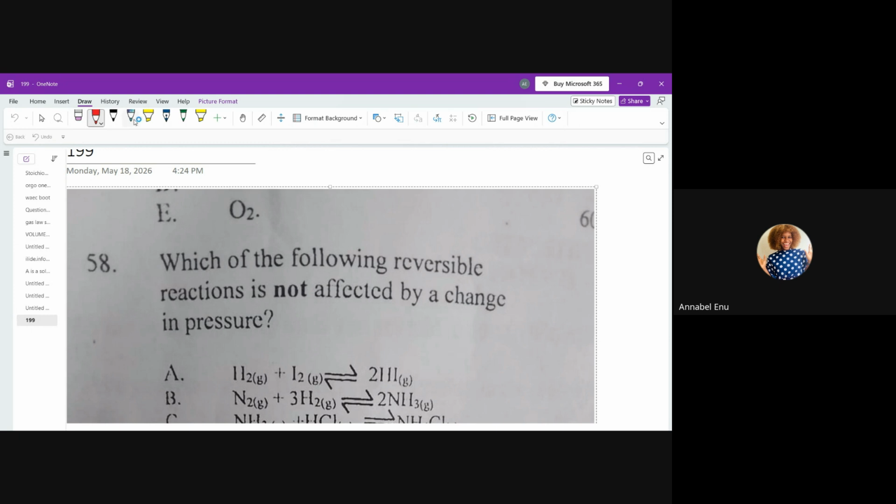That is to say, there is a balance between the reactant and the product. But why is it different from our normal reaction? This one is reversible.